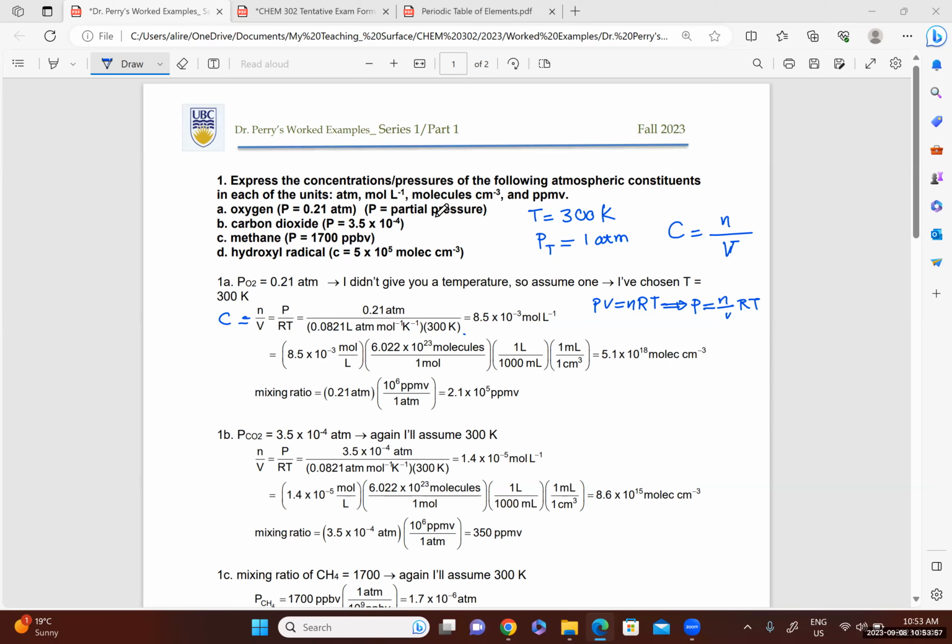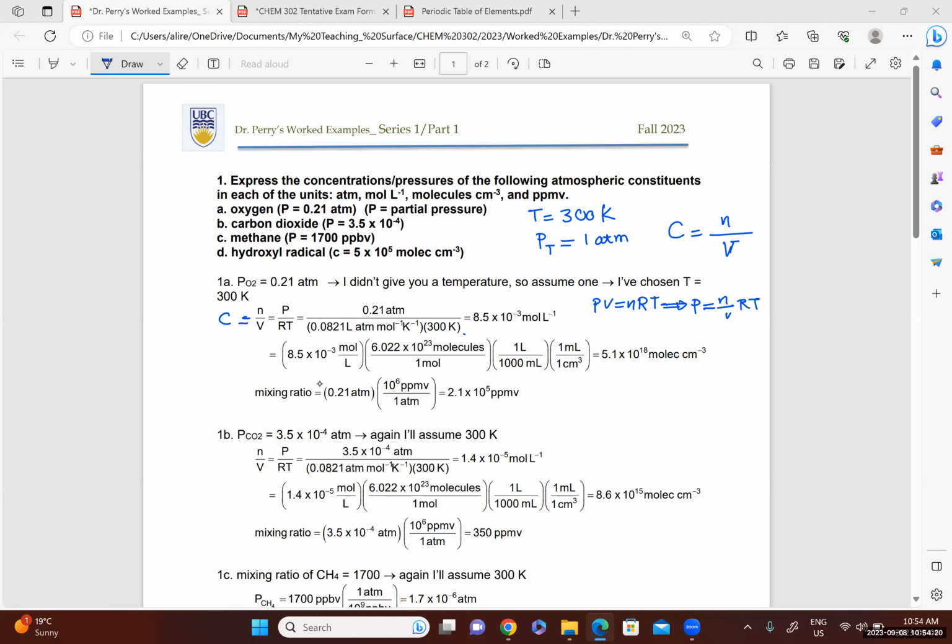We already converted that pressure to concentration, moles per liter. Now we need to convert that to molecules per centimeter cube. So going from moles to molecules and over liter to over centimeter cube. So liter to centimeter cube. How to do that? We're going to do that step by step.